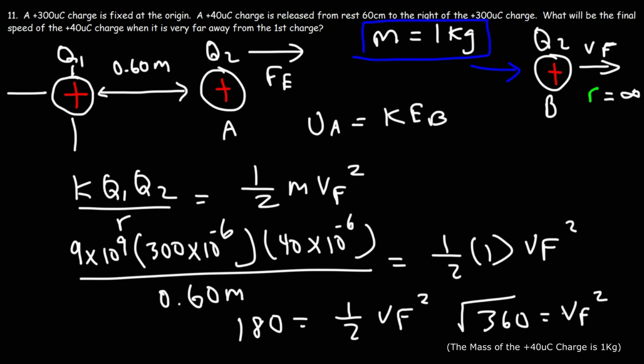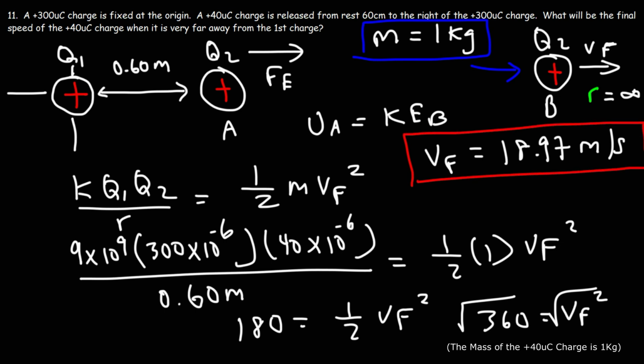So now we need to take the square root of both sides. The final speed of this 1 kilogram charge is going to be 18.97 meters per second. So that's how you can calculate the final speed of the charge when it is very far away.